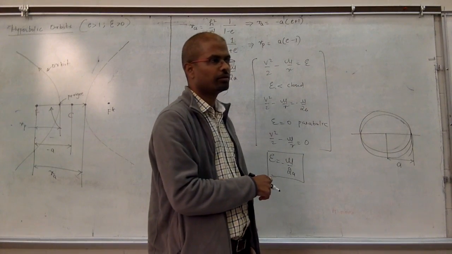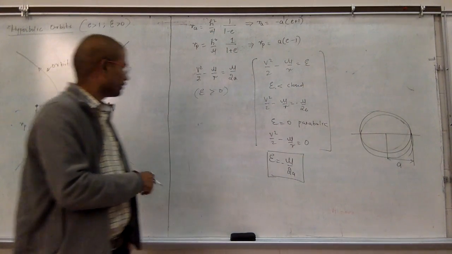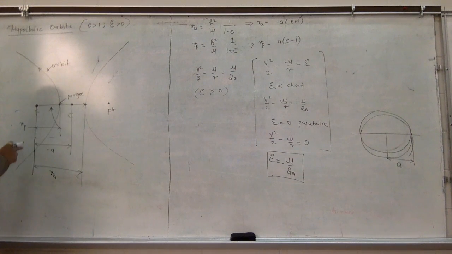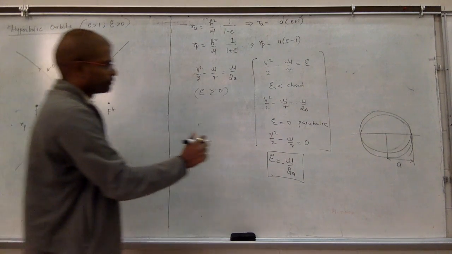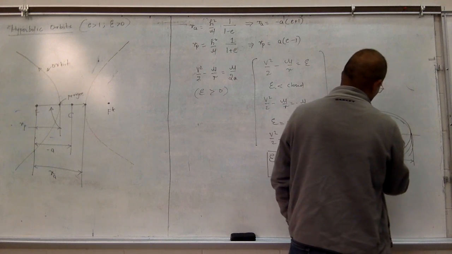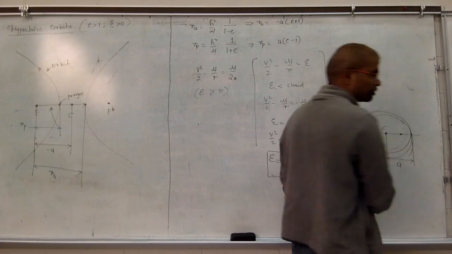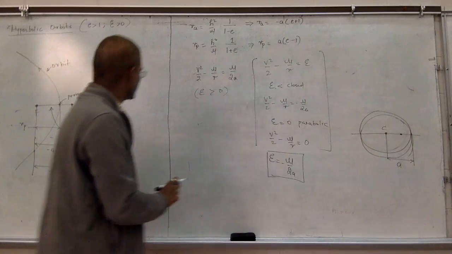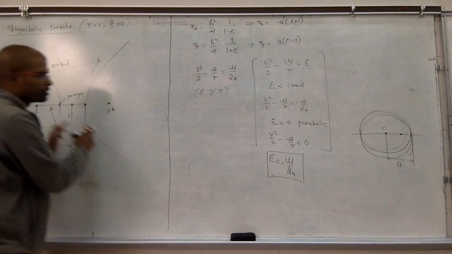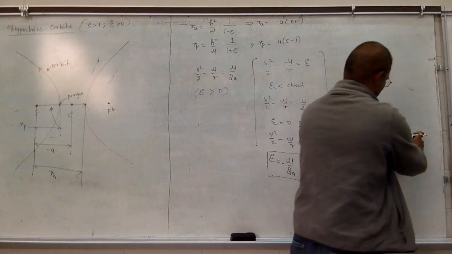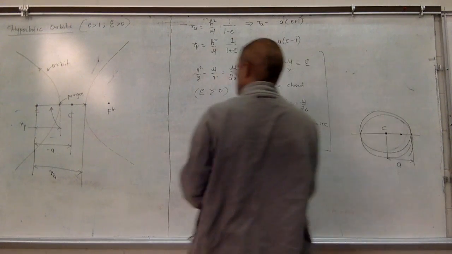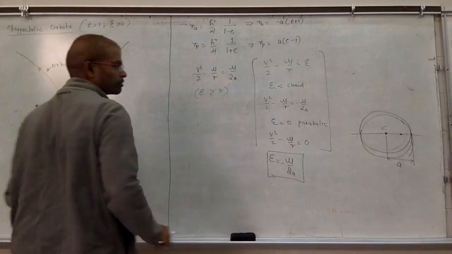See here, what has happened is, what is this distance? That's rp. So this thing, the center, is this plus this. This distance is this distance.